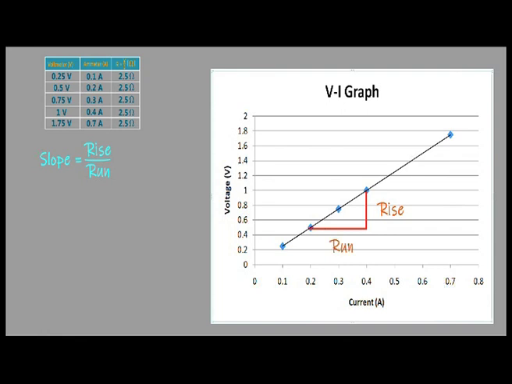If you look very clearly and carefully into the graph, you will see that change in y-axis is 1 minus 0.5, and change in x-axis, that is run, is 0.4 minus 0.2. So we are getting 0.5 divided by 0.2. So the answer is 2.5.